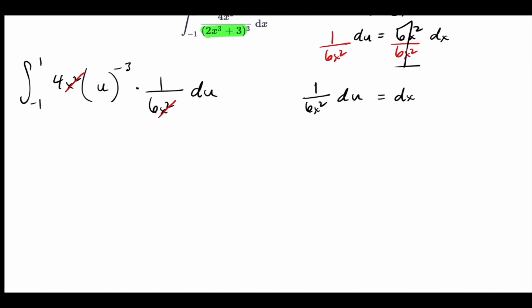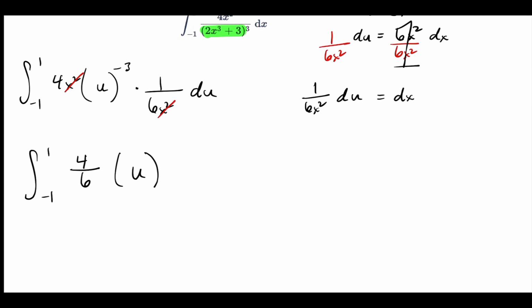So we're left with the integral from 1 to negative 1 of 4 over 6 times u to the negative 3 du. 4 over 6 is just a multiplier. It's a coefficient. So I'm going to move that to the front.